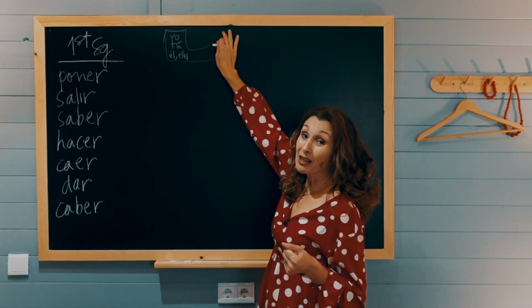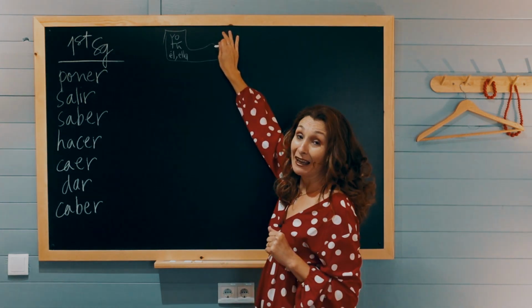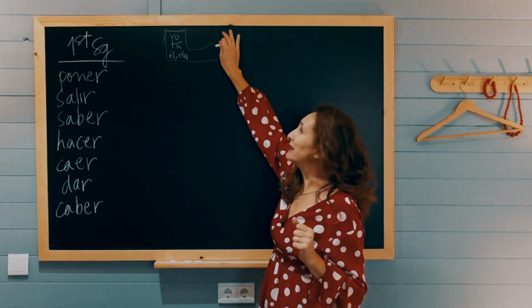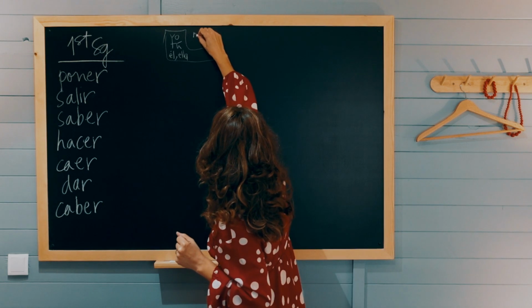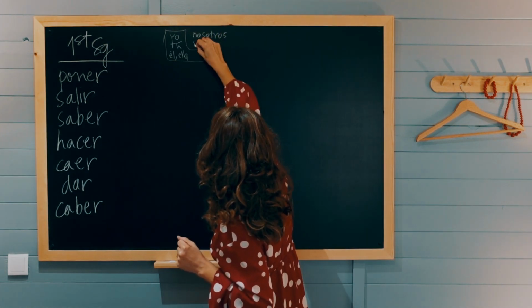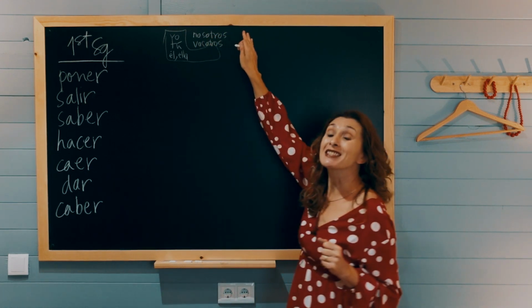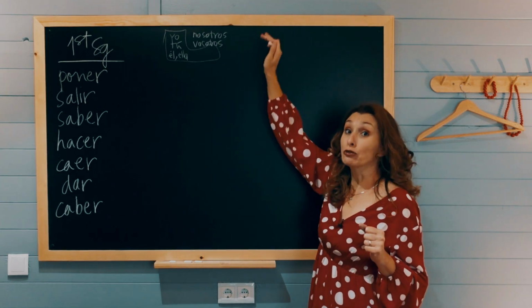And what's outside the boot, so it will not be irregular here, it will not be affected by this irregularity, are the first and second person plural, so nosotros and vosotros. Okay, these two will stay out, will remain regular.